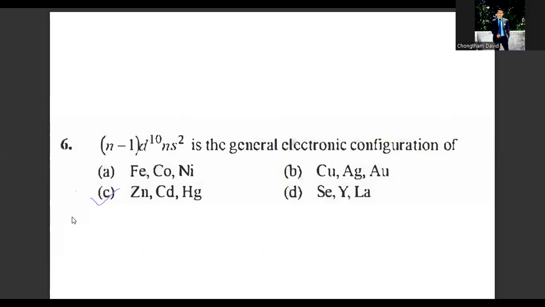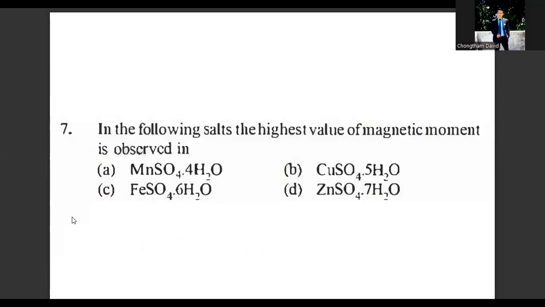Among the following salts, the highest value of magnetic moment is observed in which of the following hydrated salts? In manganese 2 plus, there is 3d5, that is 5 unpaired electrons. Copper 2 plus has 3d9, that is 1 unpaired electron. Iron 2 plus, 3d6 configuration, has 4 unpaired electrons.